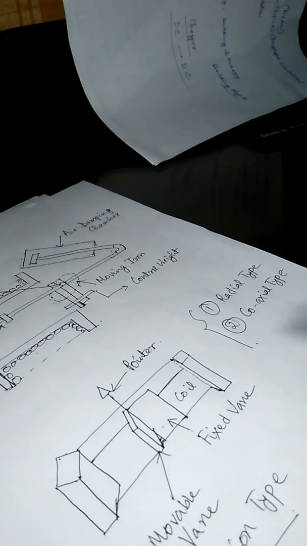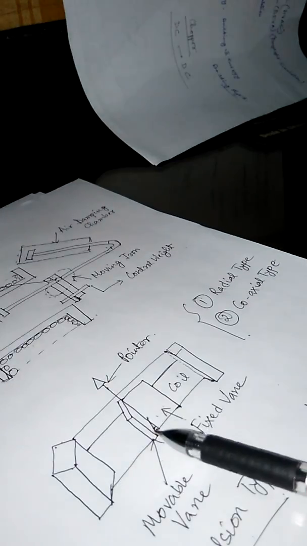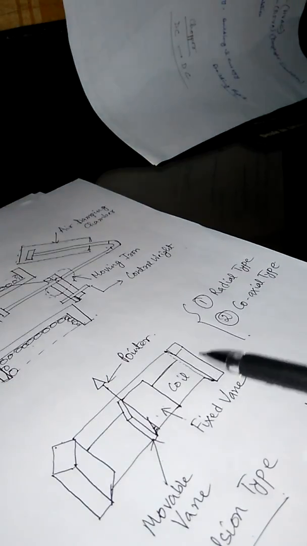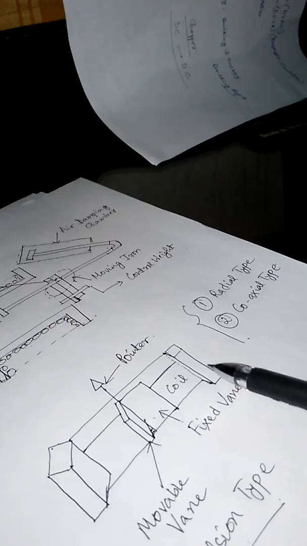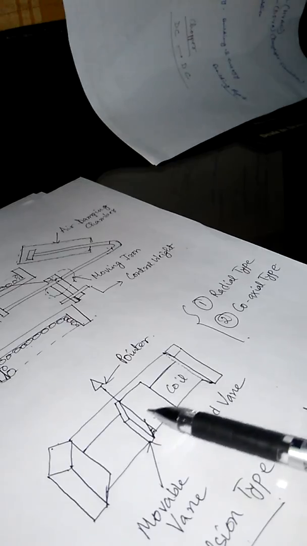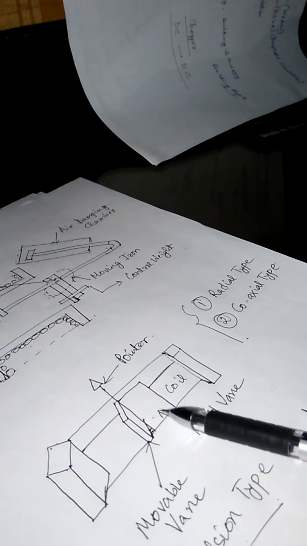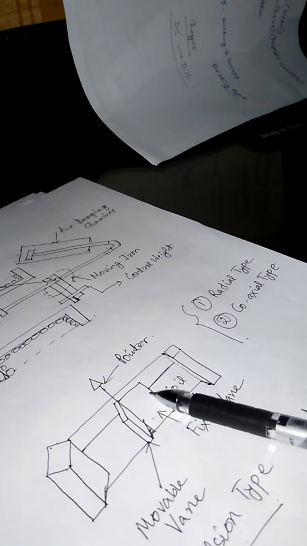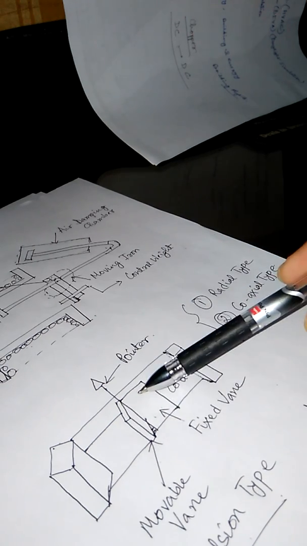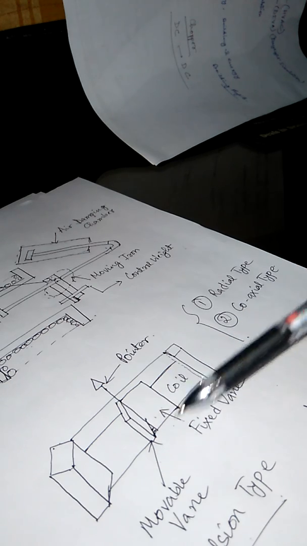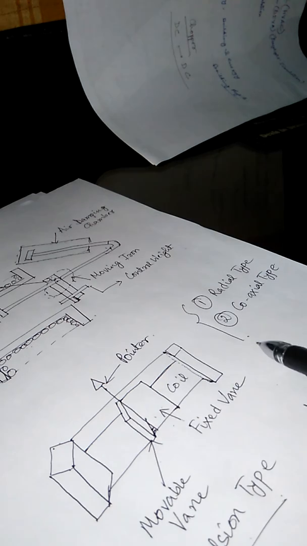This diagram is a figure of the radial type moving iron instrument, because the movable vane and the fixed vane are strips of iron in radial nature, that is, along the radius. So that is the radial type of moving iron instrument.